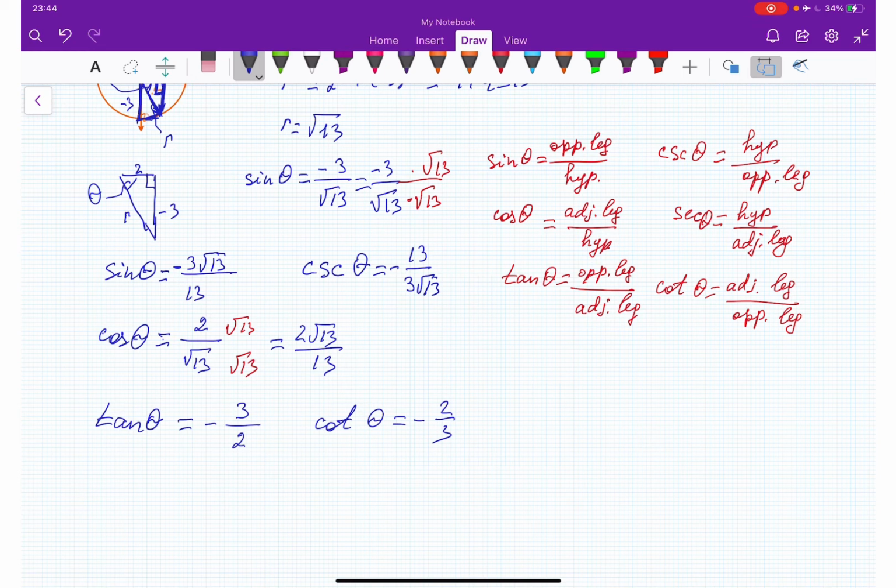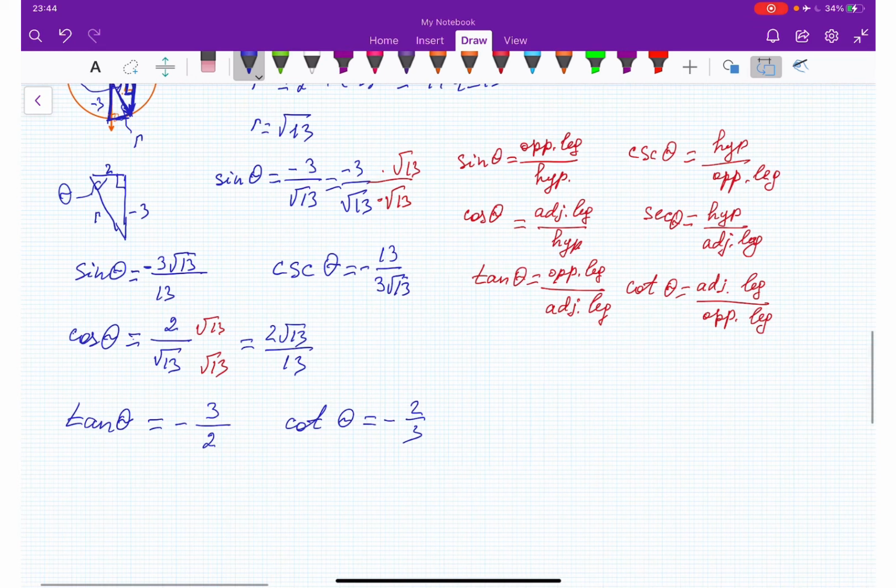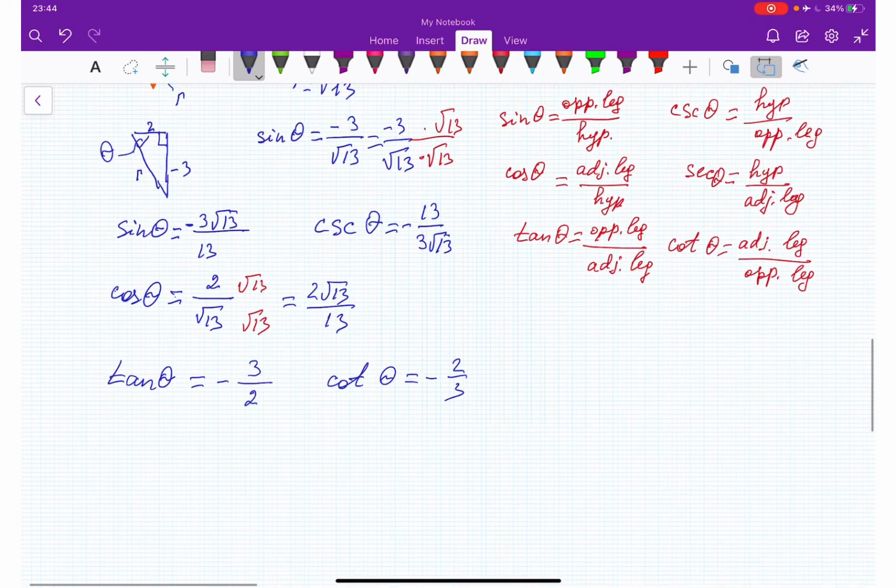Okay, that means I need to make an adjustment, right, because I have square root 13 at the bottom.